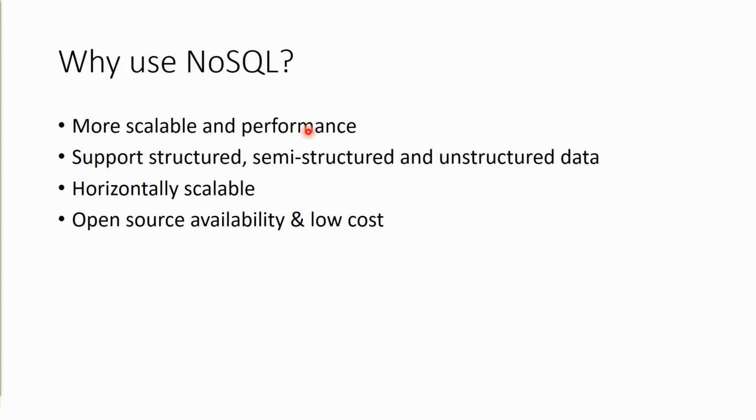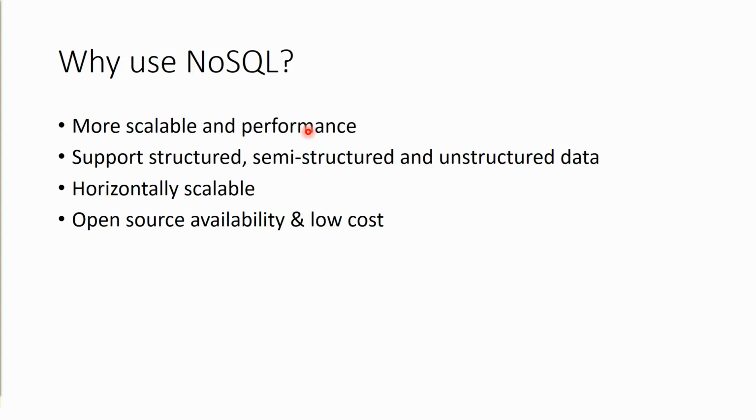And the next one is horizontal scalability. So SQL databases are vertically scalable, in the sense that if you want to scale a SQL database, a structured query database, you need to increase the hardware. You need to increase its RAM, its memory, and all those things.